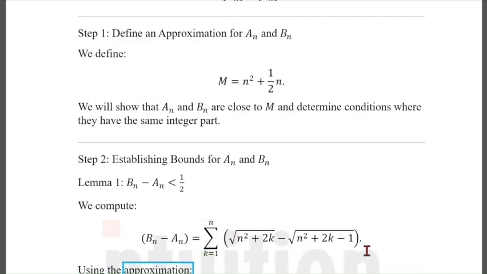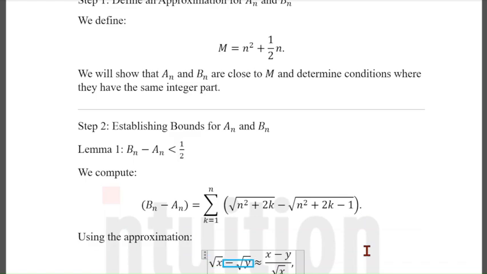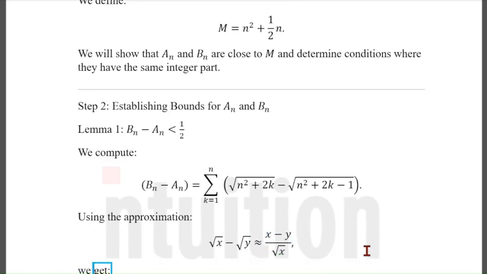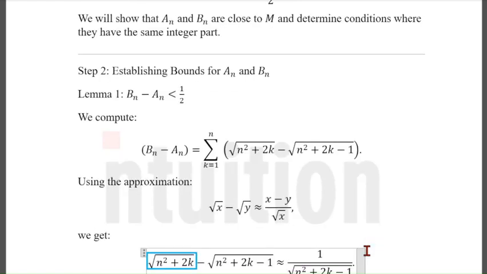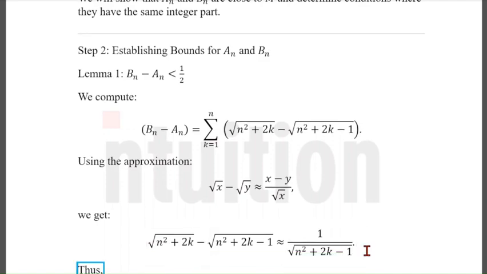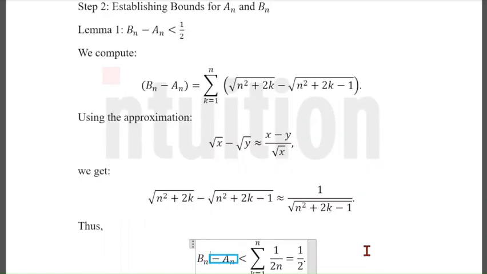Using the approximation √x minus √y is approximately (x minus y) over √x, we get √(n²+2k)/n minus √(n²+2k−1)/n is approximately 1 over √(n²+2k−1)/n. Thus, B_n minus A_n is less than the sum from k equals 1 to n of 1/(2n), which equals 1/2.